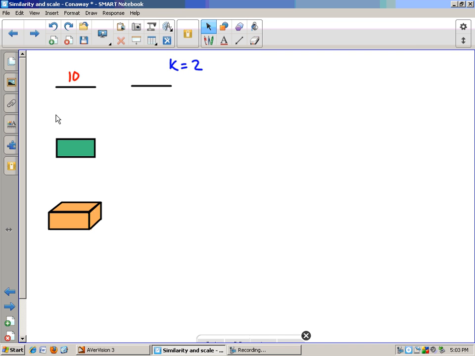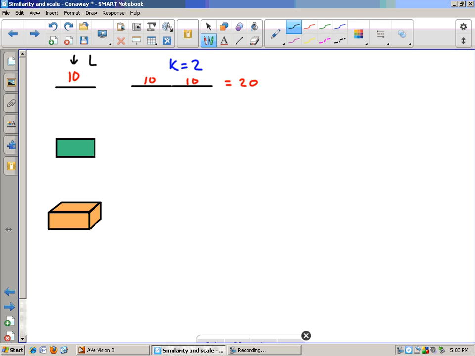So if I start with a scale factor 2, that means that I'm going to double how long this line is. And I think that that's easy enough to see. You guys are probably used to this. If I double the length, I'm going to end up having 20 as my final answer. So basically what you've done is you've had your original 10, we'll call that L in this case.